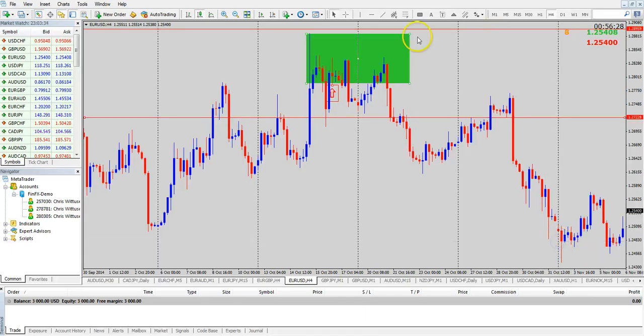Here is my signal of I might get out soon. Wicks, right? They're trying to push down. The candle is still closing as a bear candle, so you can still sit on it. You wait for it. Wait for it.